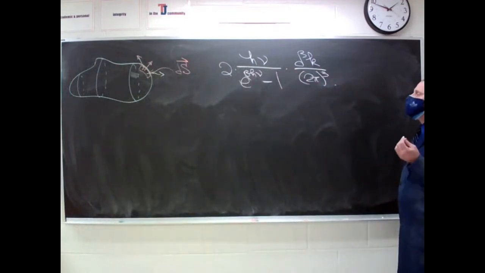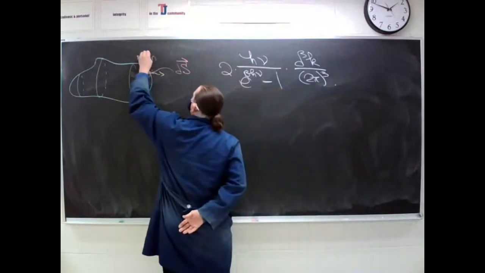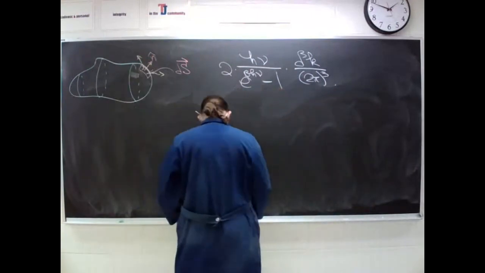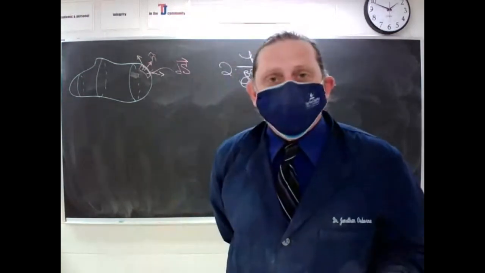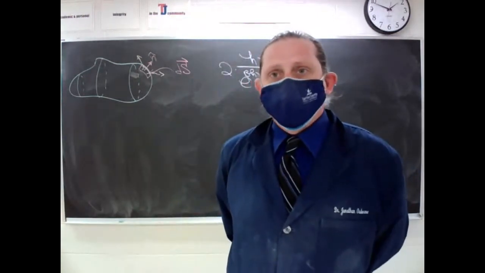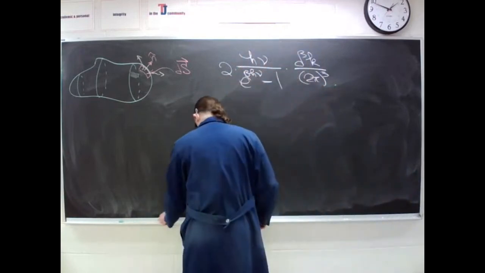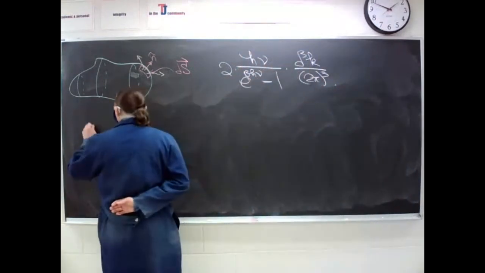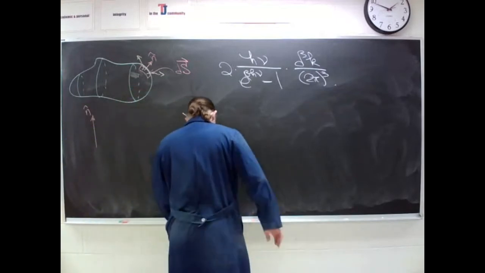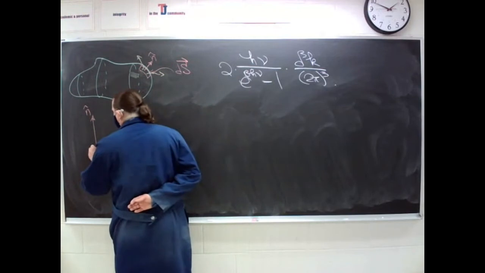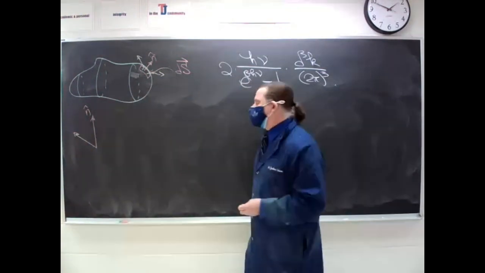So we've got our normal here. I'm going to take that as the k-hat direction. That's going to be our normal. And my k vector has got to be coming like that.